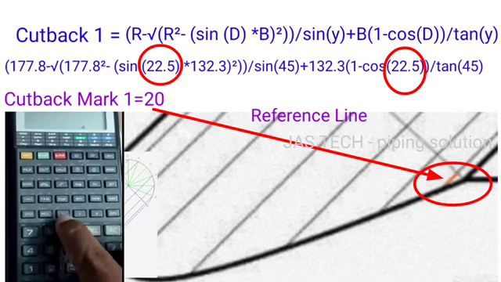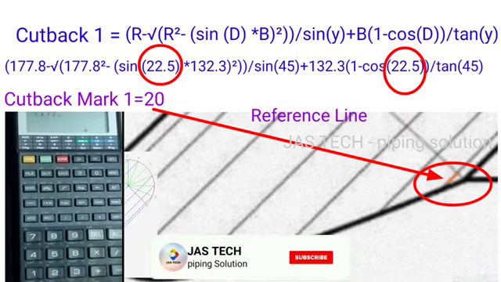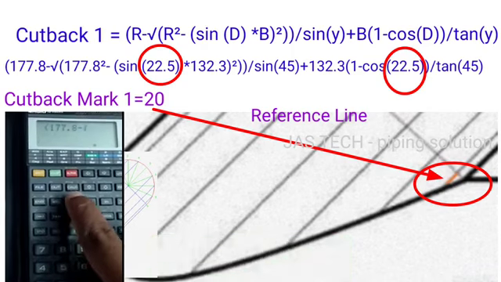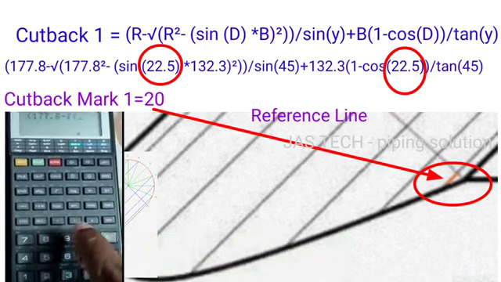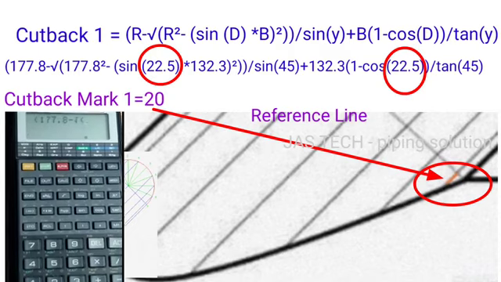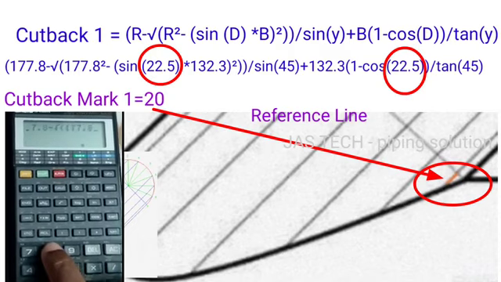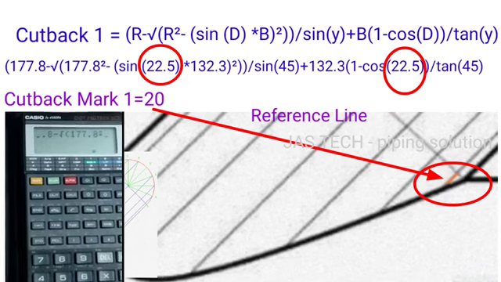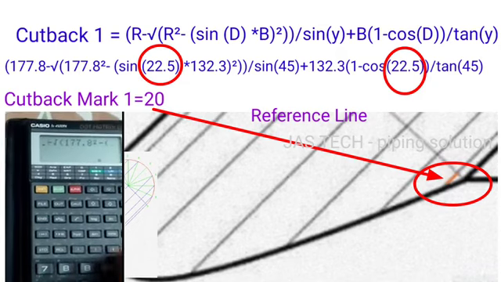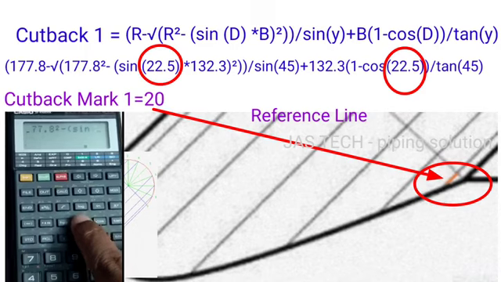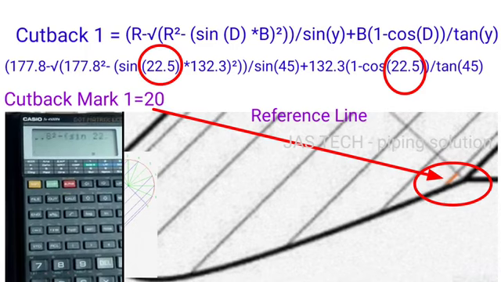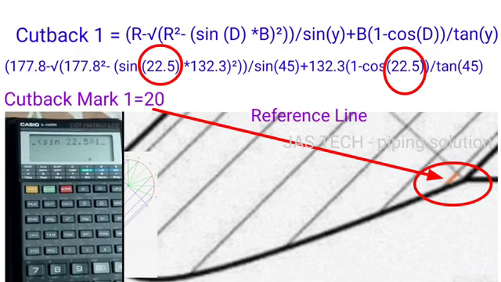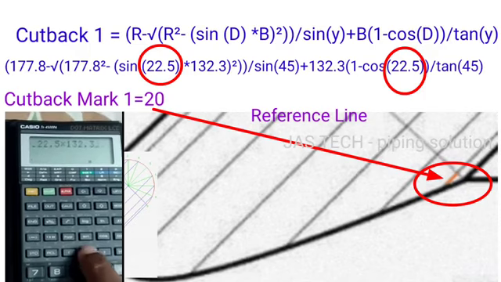Now we directly come to our cutback formula. Cutback mark 1 equals, already we know the formula. Just type the formula; we know the values also. Already we solved: R equals 177.8 mm, D equals the first mark degree 22.5, B value 132.3, Y value 45 degree.